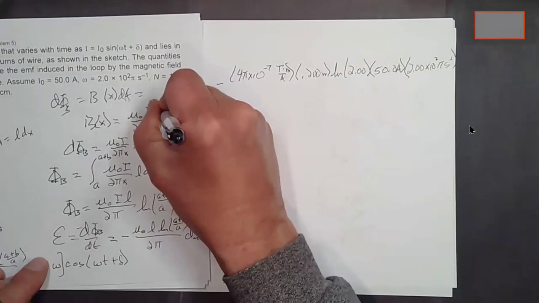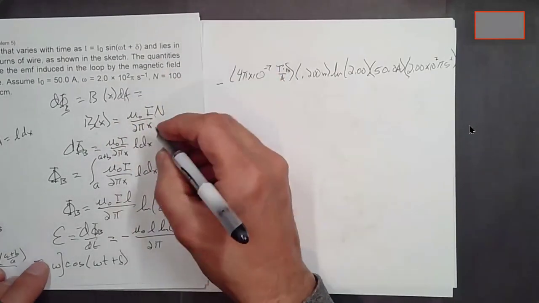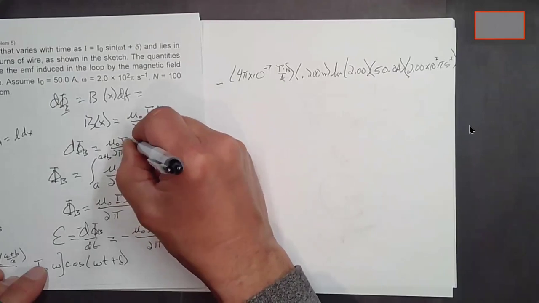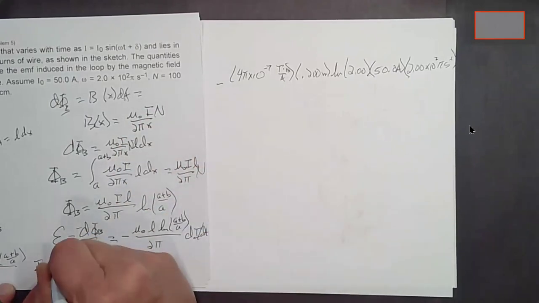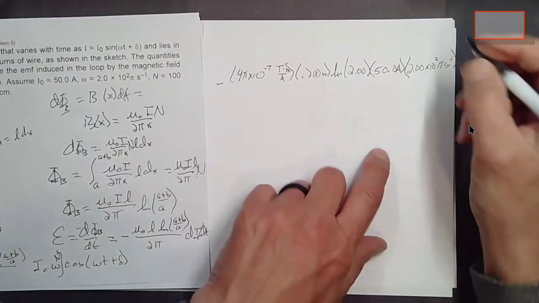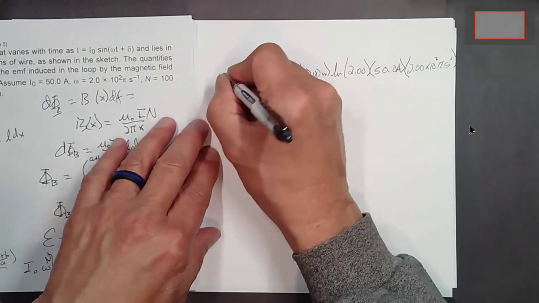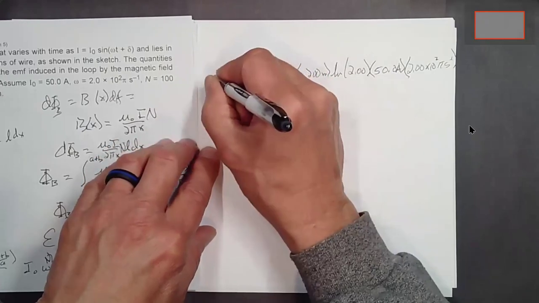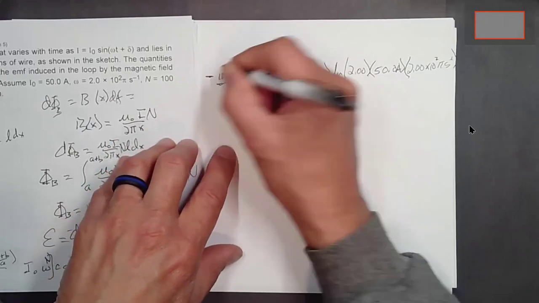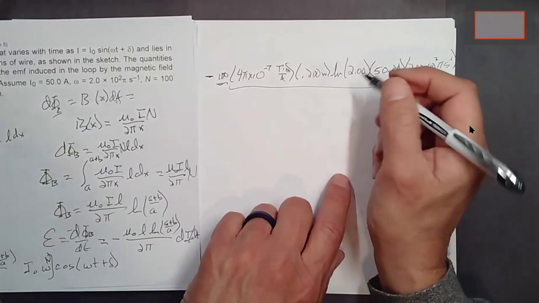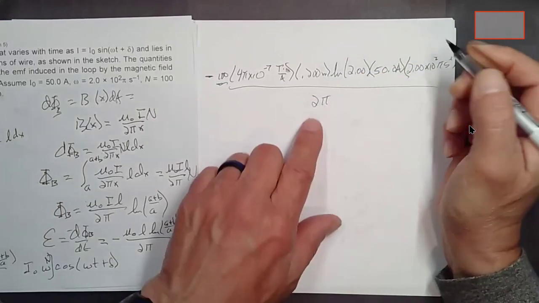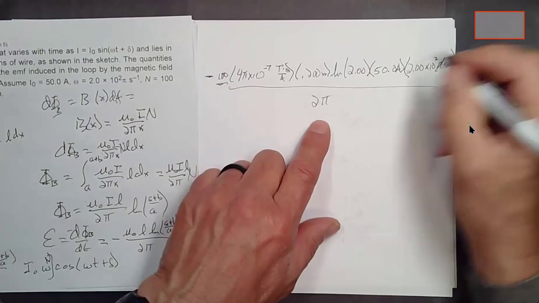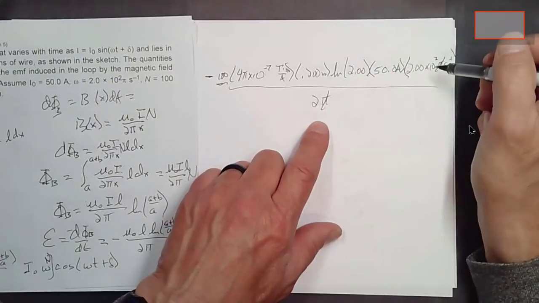So there should have been a 100 on all of this stuff. So I'll just put N times N. So we'll have 100 out front here. And sine. Okay, so that's the numerator, and the bottom is just 2 pi. So this 2 pi, or this pi, can divide out that pi.